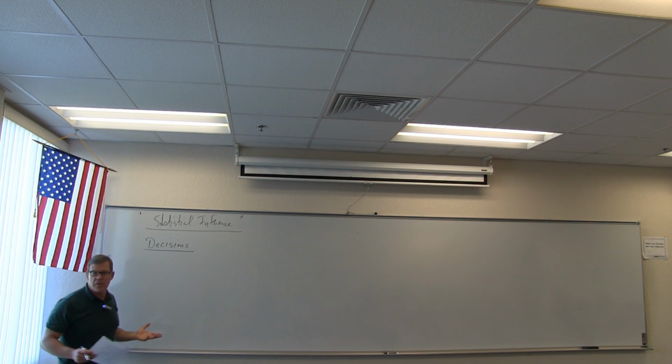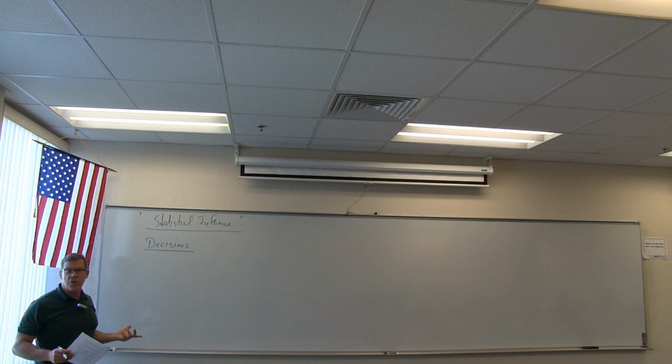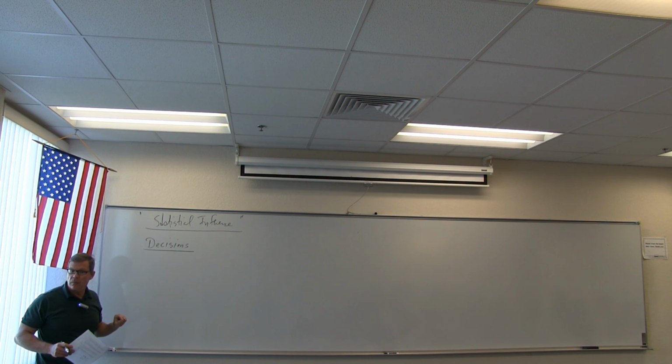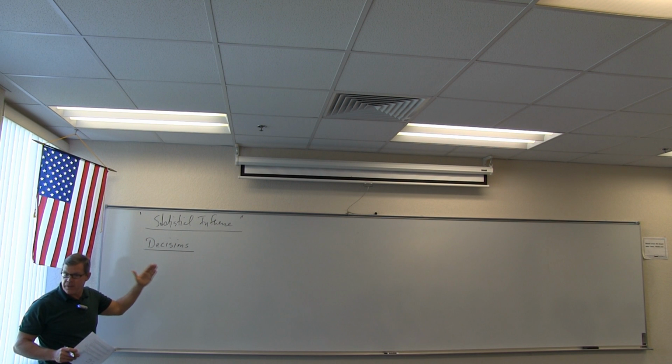Especially of course with decisions where we are pretty certain about the outcome. Like if I go over to that light switch and I go like this, I am pretty highly certain that the lights are going to go off. But there's still that small likelihood that I'm wrong.